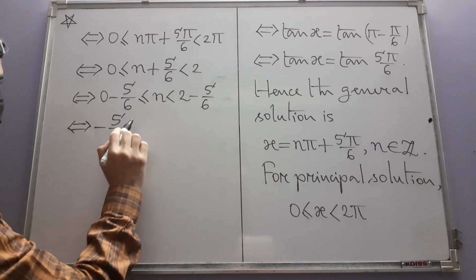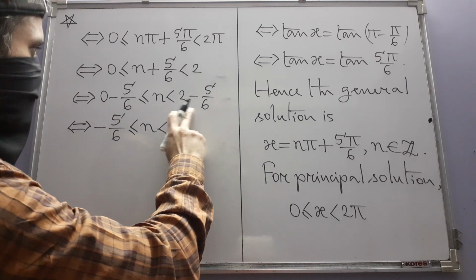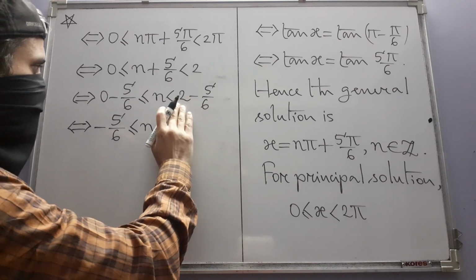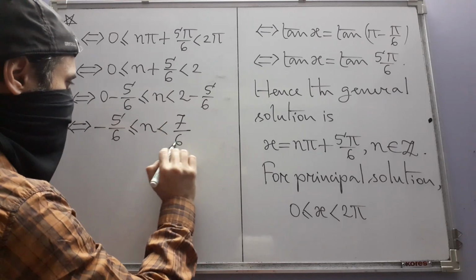Minus 5 over 6 less than or equal to n. If you take LCM and then do calculation, you get 6 times 2 is 12, 12 minus 5 is 7.